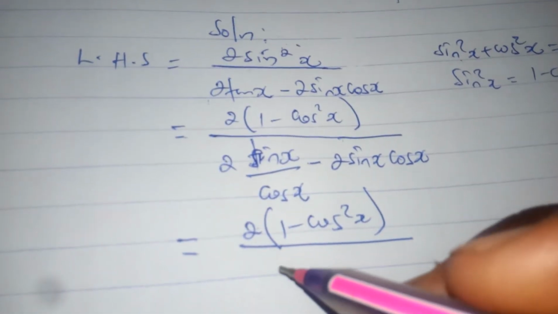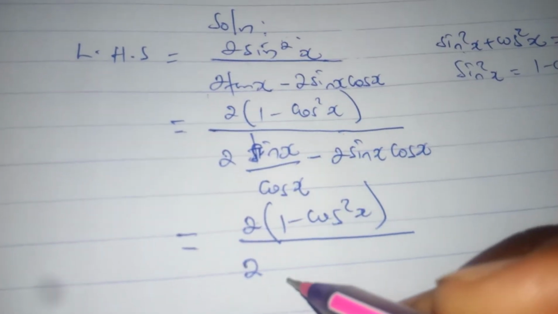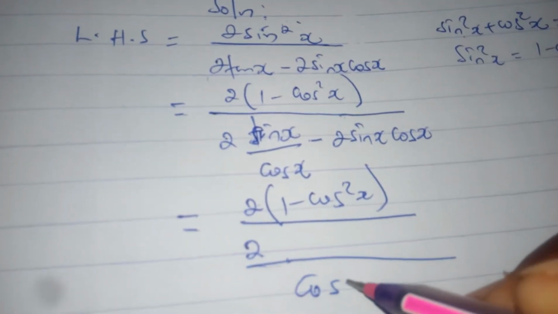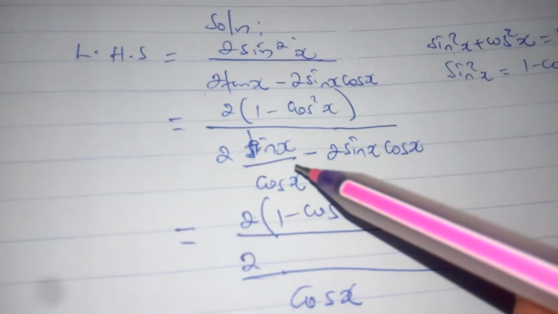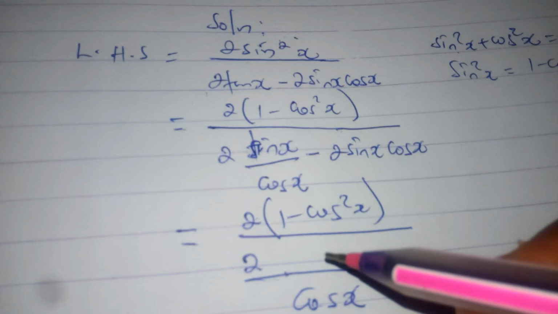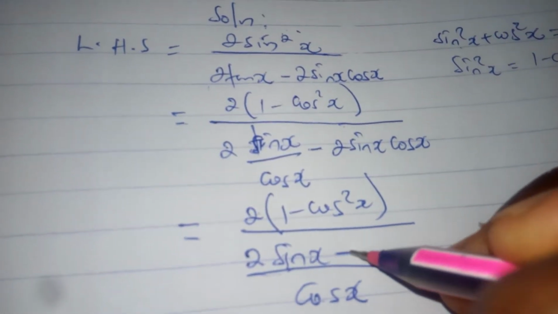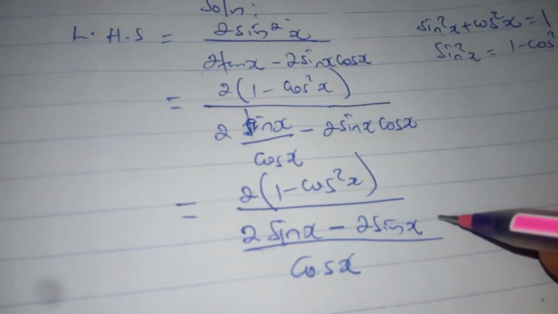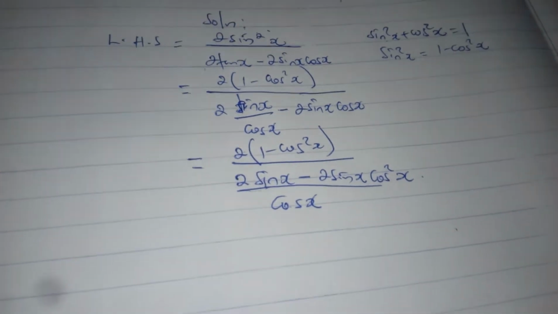Let's first get the LCM of that, which will remain cos x for that denominator. So here we're going to remain with 2 sine x minus 2 sine x cos squared x. I think we are still good there.